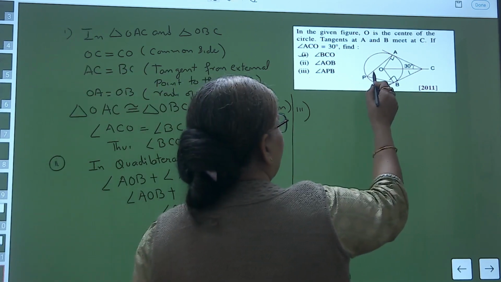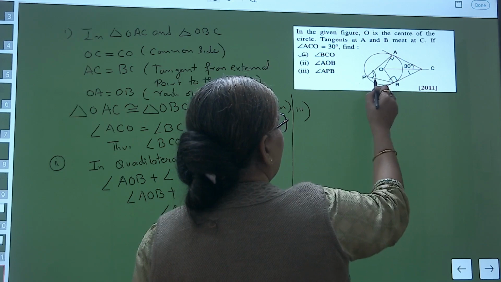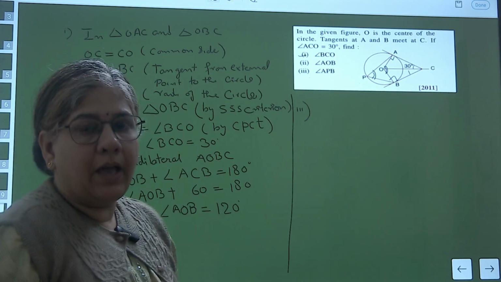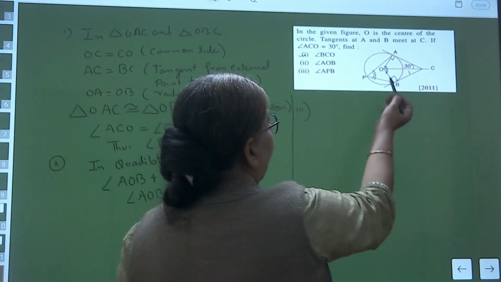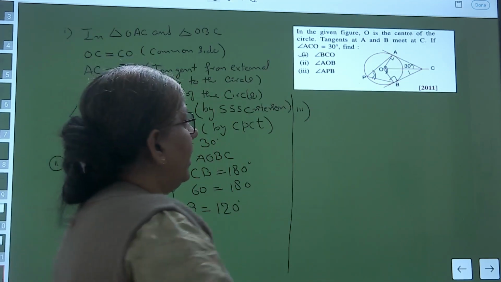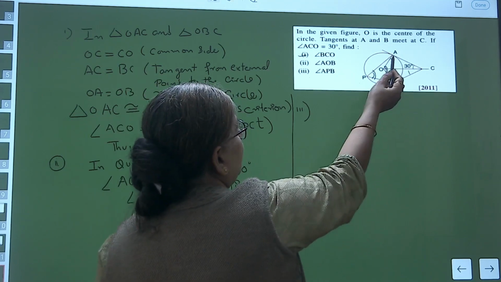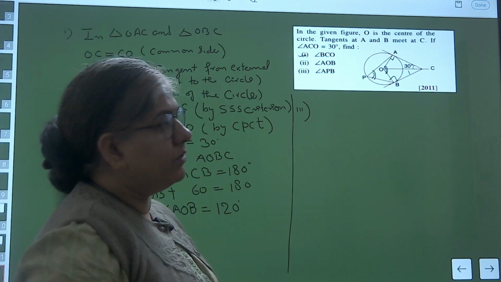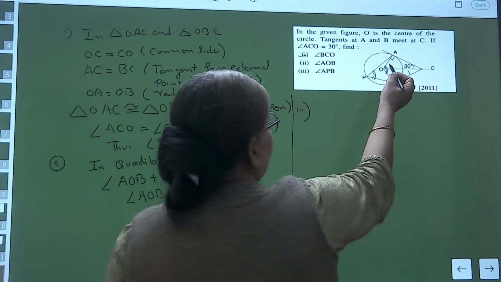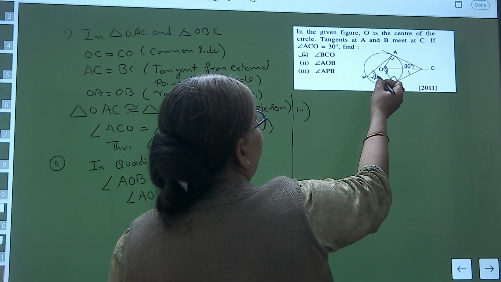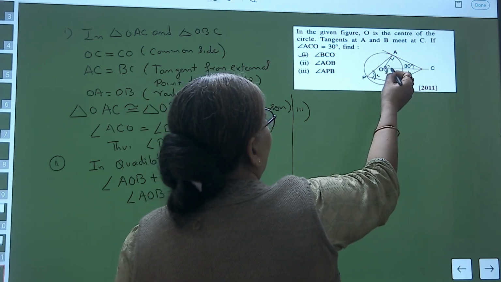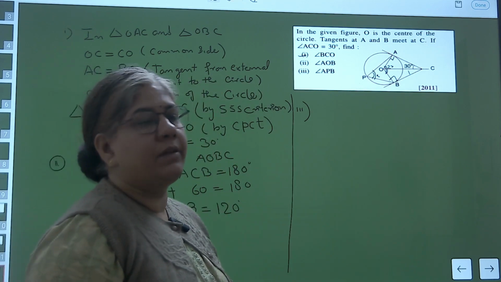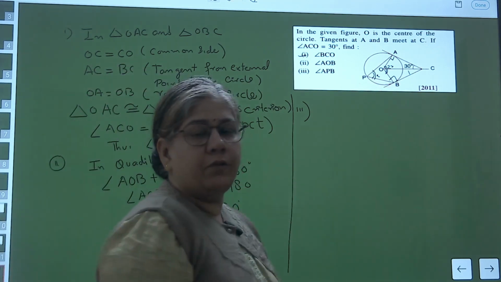Angle AOB is the angle formed by the arc AB at the center of the circle, and the same arc AB is forming this angle P in the remaining part of the circle. So if this angle is x, this will be twice x. That is, the angle formed at the center will be twice the angle formed at the remaining part of the circle.